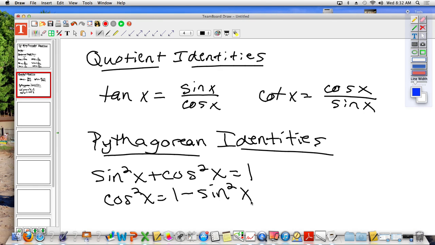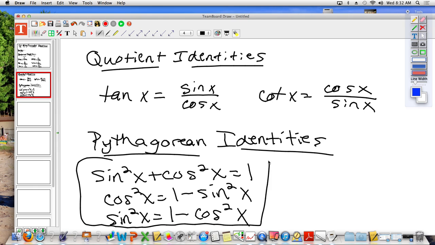You also could take the cosine squared of x and subtract it from the left and the right, leaving you with the sine squared of x is equal to 1 minus what, you guys? Cosine squared of x. Put a box around these or something, because these always come in handy.